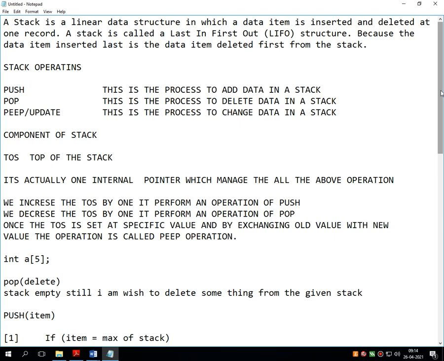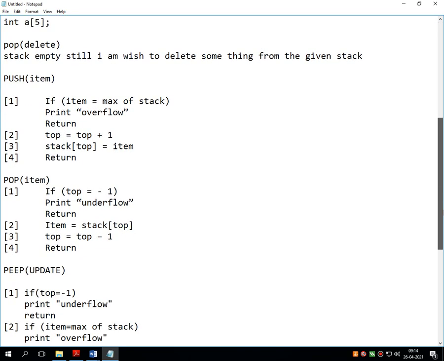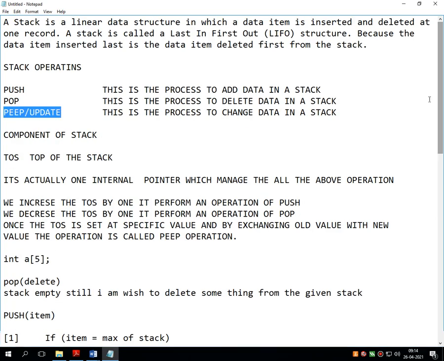In the next lecture I am going to show a program of stack, where in a single program we will develop all these operations one by one, and we will even see the output of stack.